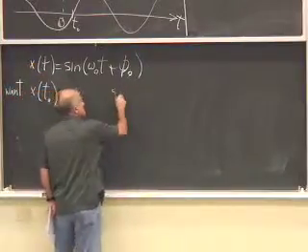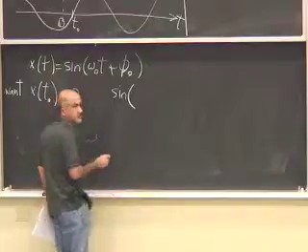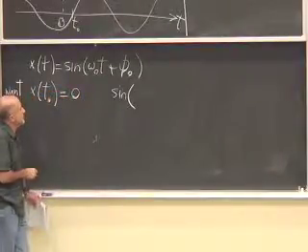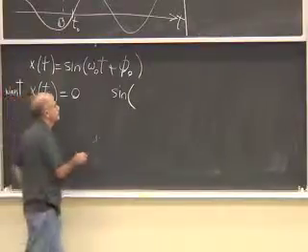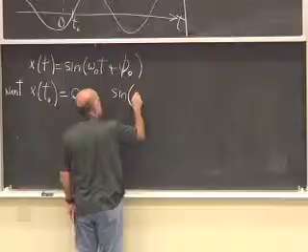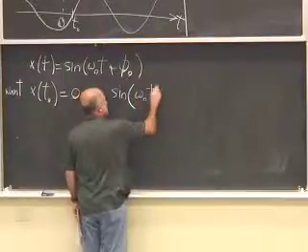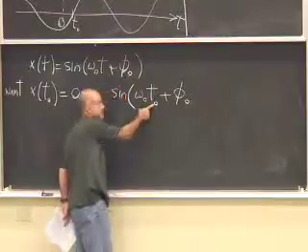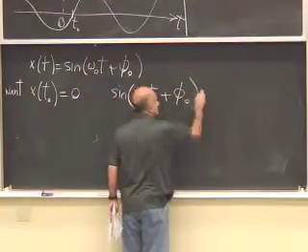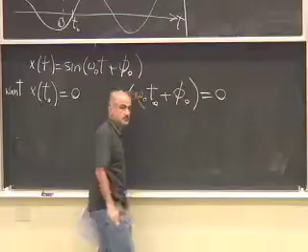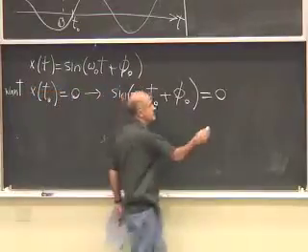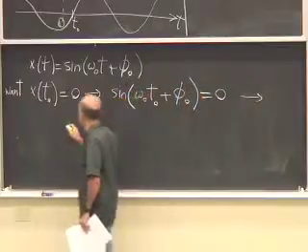So that means, you've skipped a step. Tell me how you get that argument to be 0. Well, sine 0. So we want sine of omega naught t naught plus phi naught. We're after this t naught. We want the sine to be 0, which means the argument has to be 0.